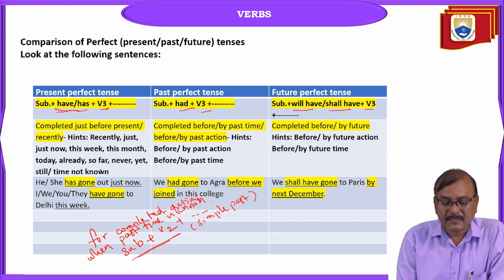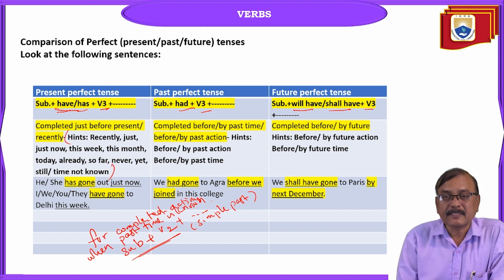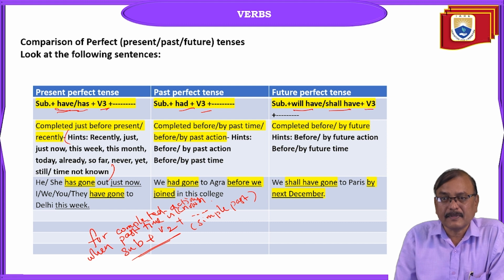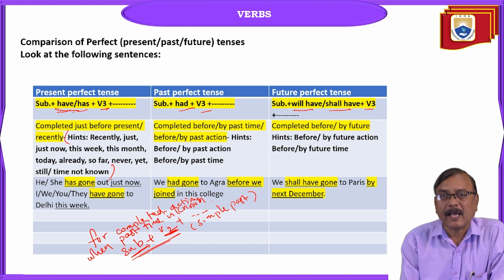So when we get these hints, we use present perfect tense, right? When we know the time of the action, yesterday, last week, last month, we use subject plus V2 form. When past time is not known or for recently completed actions, we use present perfect tense, that is have or has plus V3, okay.